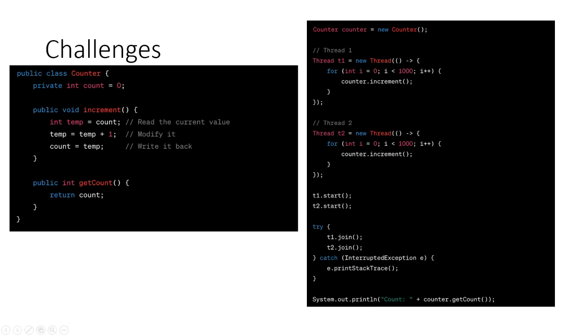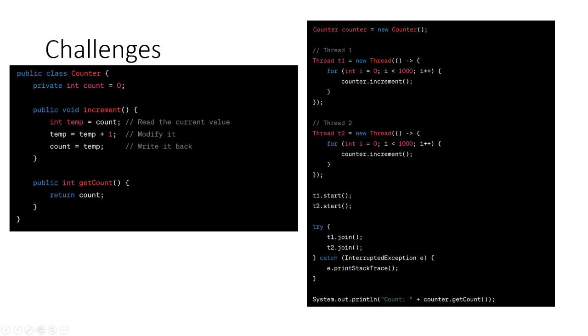But notice that these two threads are acting on the same counter object that we created up here. So when you start each thread and then when you join is essentially saying that, okay, we're going to aggregate the results of T1 thread and T2 thread. And they're acting on the same counter.